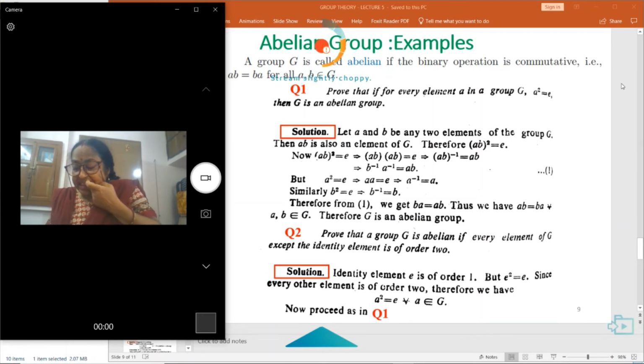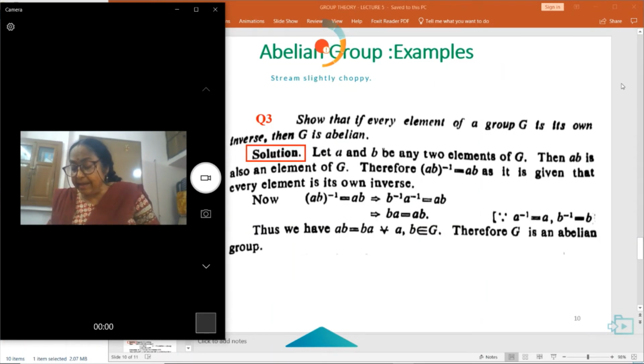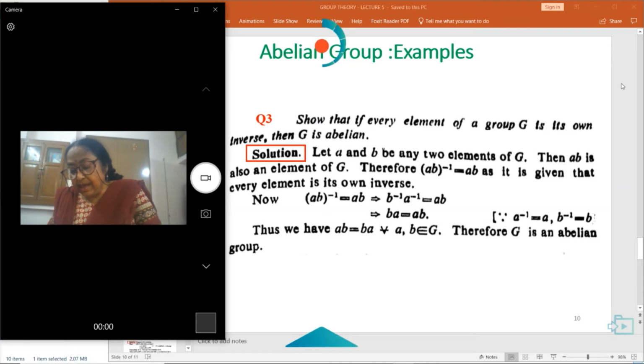Then show that, another example, if every element of a group G is its own inverse, then G is abelian. Let A and B be any two elements of G, then AB is also an element of G. Therefore, (AB) inverse is equal to AB, as it is given that every element is its own inverse.